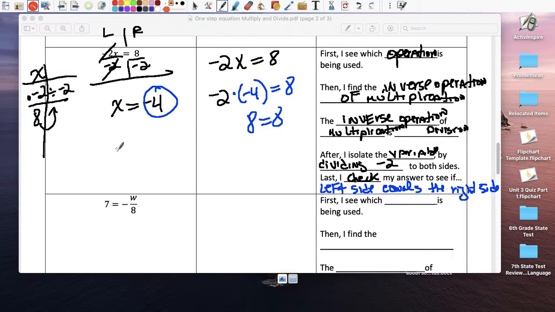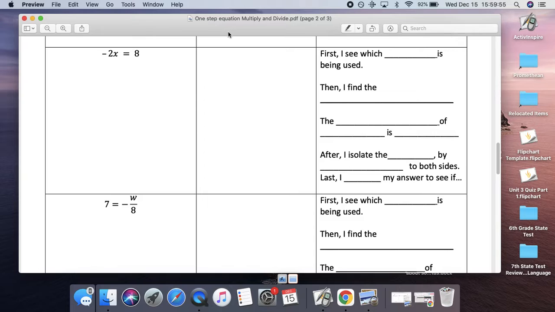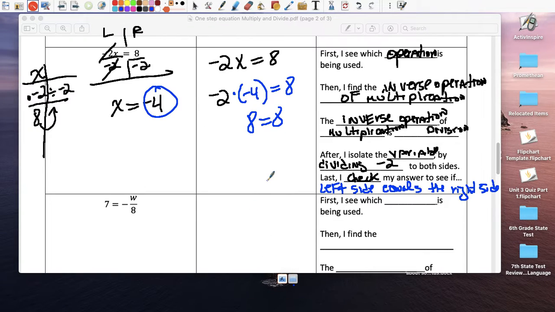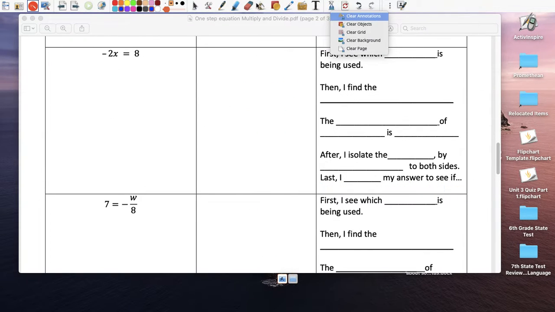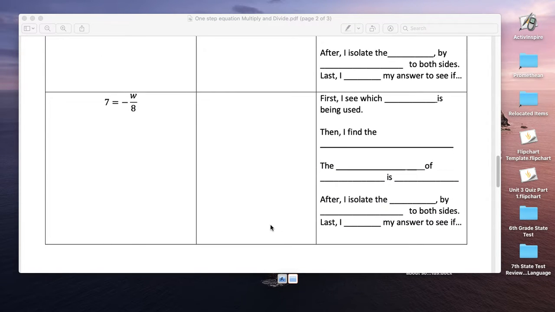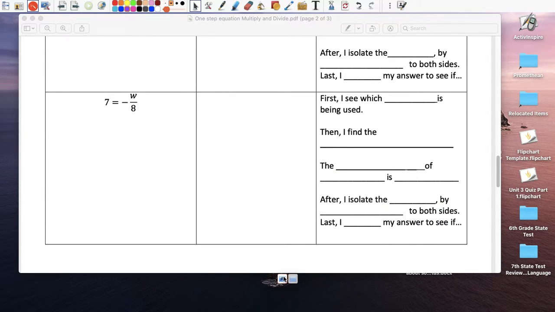Last one, or this one actually. It's w, my variable, being divided by -8, and that gives me 7.